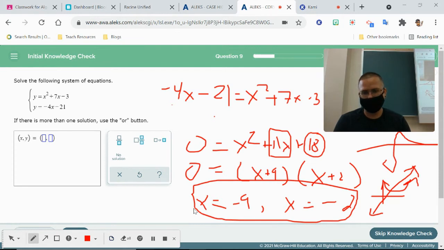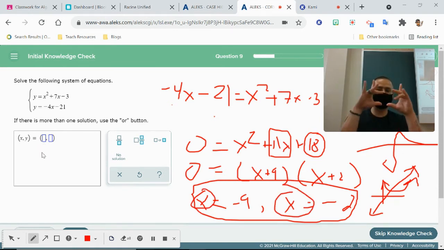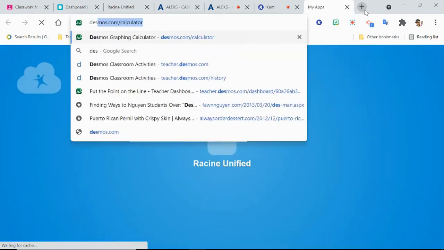What if I plug in negative 2? Yeah, I should have known I was doing this wrong because I got two x's here, and I need an x and a y. I need the point where this crosses. So just because I want to see the answer, we'll take a look.